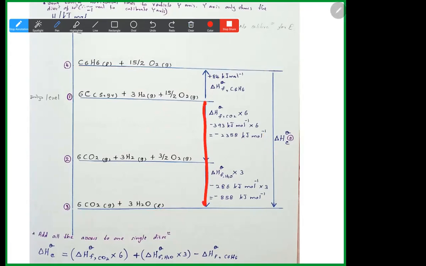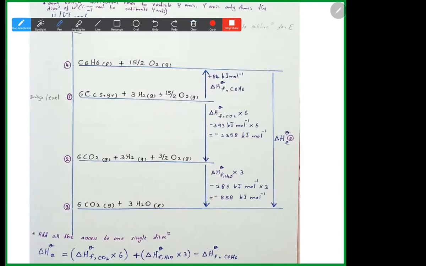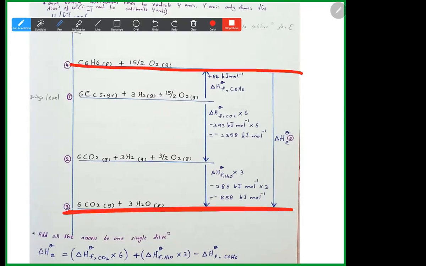See, the first path came here. This actually is another version of the thermochemical cycle. Remember, all are balancing each other. So I have two levels, top level and bottom level. Between these two levels, these blue lines together, or this green line, are supposed to be equal to each other.